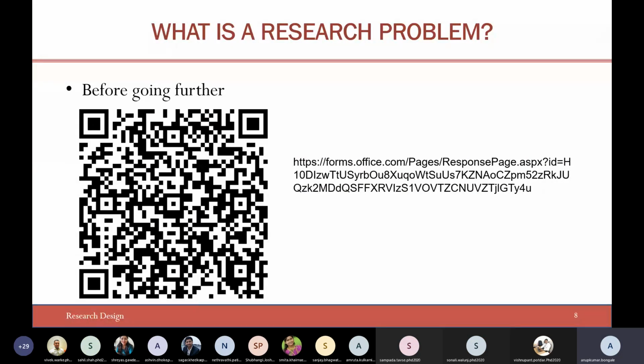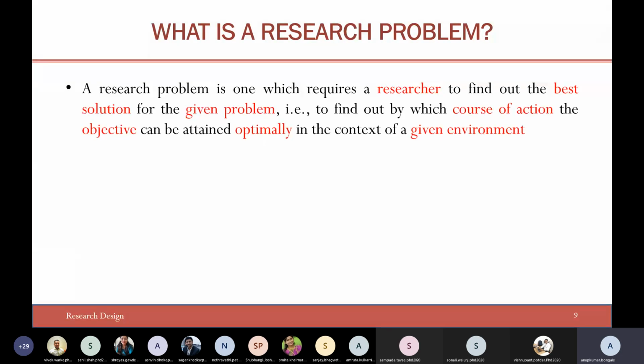So all of you have mentioned different areas. I hope you will be able to successfully formulate your research problem. Now, a very important thing, let me highlight again: the researcher, best solution for a given problem, course of actions, objectives, optimal solution, and the environment.